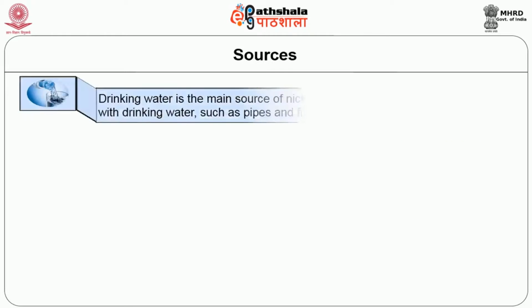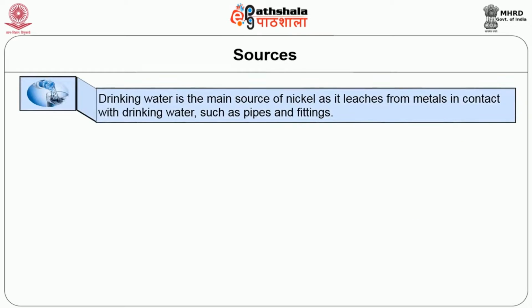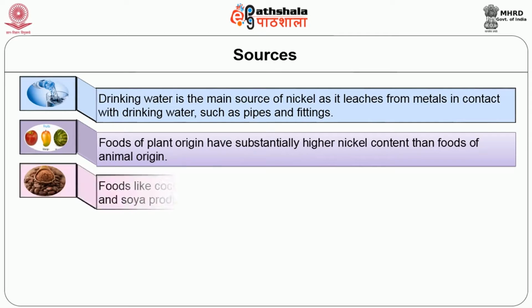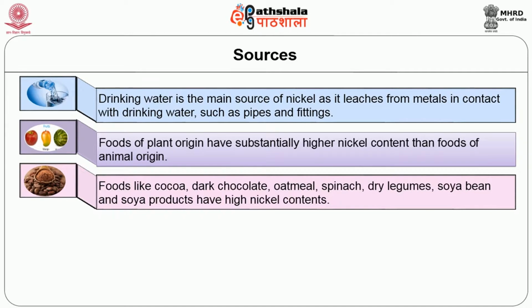Let us identify the sources of nickel. Drinking water is the main source of nickel as it leaches from metals in contact with drinking water such as pipes and fittings. Foods of plant origin have substantially higher nickel content than foods of animal origin. Foods like cocoa, dark chocolate, oatmeal, spinach, dry legumes, soya bean and soya products have high nickel contents.